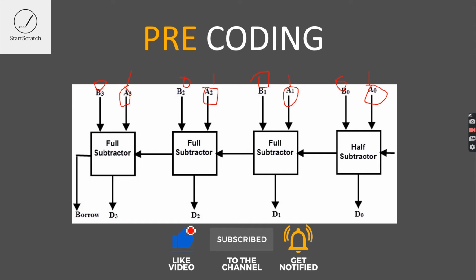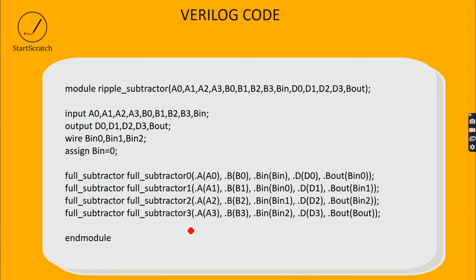Now let's move to the coding part of the Verilog course. In this Verilog code, you can find the module name as ripple subtractor, and here are the port lists, which I declared. If you closely observe, I didn't declare B in 0, B in 1 and B in 2 in the port list, because they are just driving values.